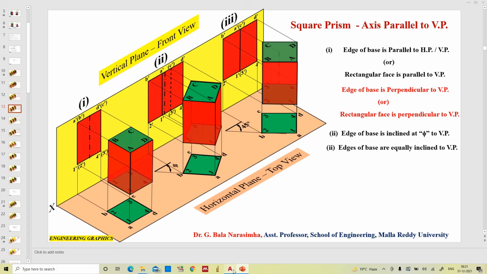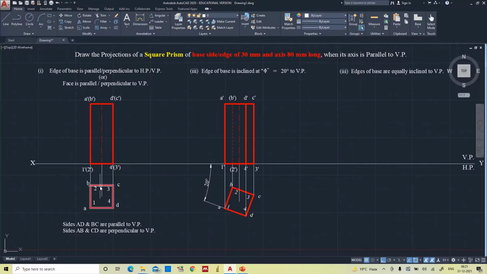So again, instead of drawing, I am copying it. Control C, Control V, paste it. Okay, now select everything, rotate. So I am choosing the point B, equal inclined 45, so 45, that's it.